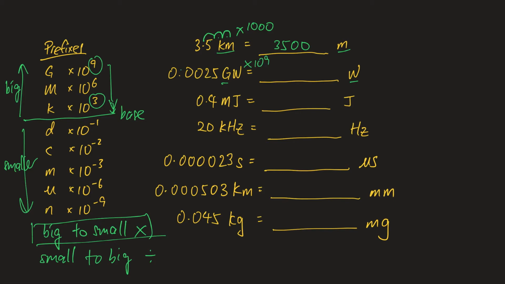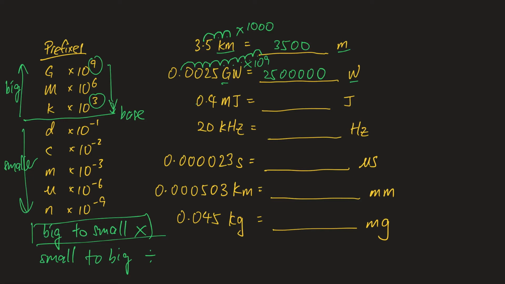So from the decimal place you jump 1, 2, 3, 4, 5, 6, 7, 8, 9. So after the 5 there should be 1, 2, 3, 4, 5 more zeros. So 2, 5, 1, 2, 3, 4, 5. So in this way you won't have careless mistake.